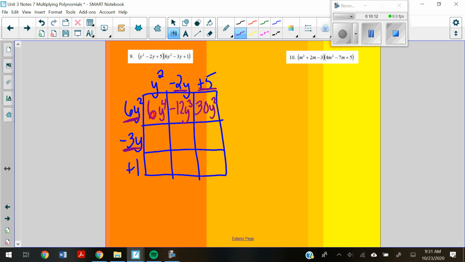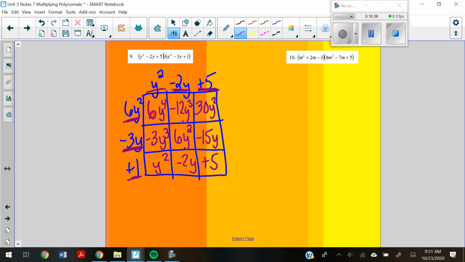Negative 3y times y squared gives me negative 3y cubed. Negative 3y times negative 2y turns into a positive 6y squared. And negative 3y times positive 5 gives me negative 15y. Last row, it's times 1, so everything is just the same. y squared, negative 2y, plus 5.